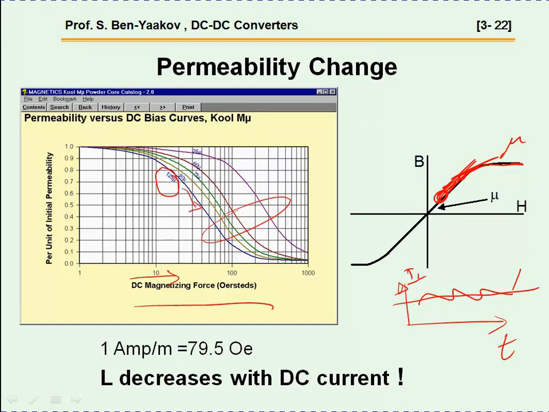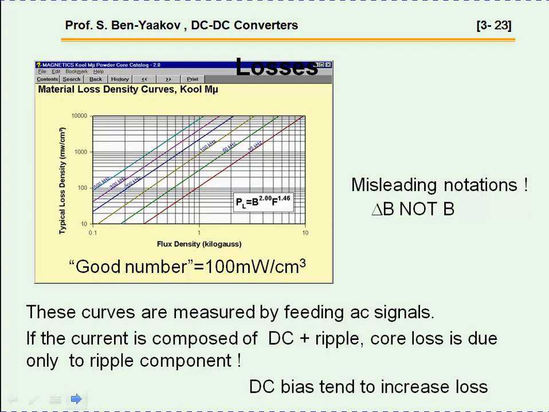Why is that? Because the mu is high. Higher mu, faster you go into saturation. By the way, the units here are Oersted, which has a relationship to ampere per meter. So this is an important curve we're going to use.